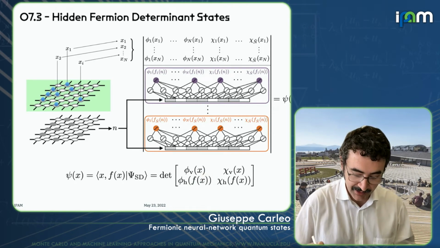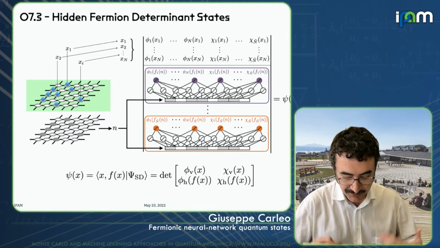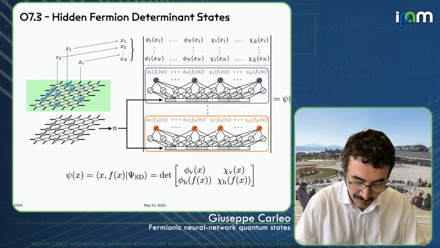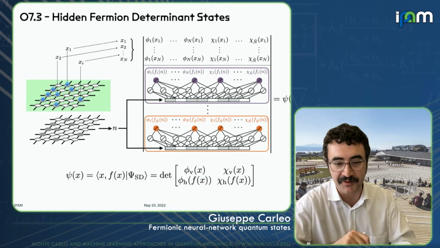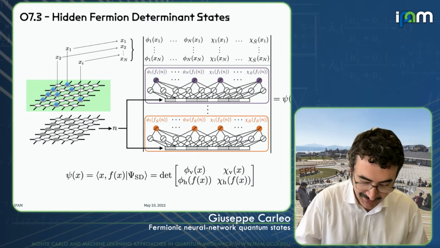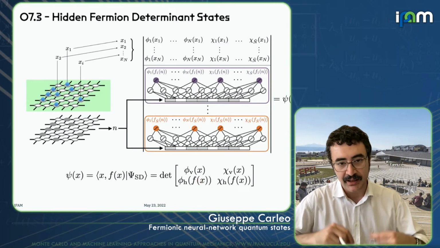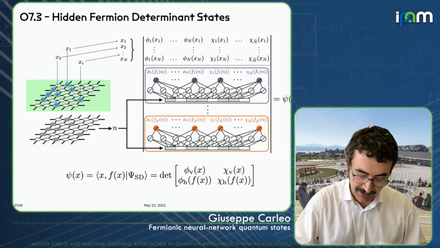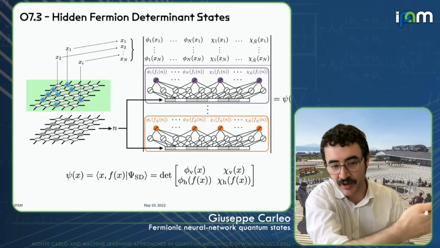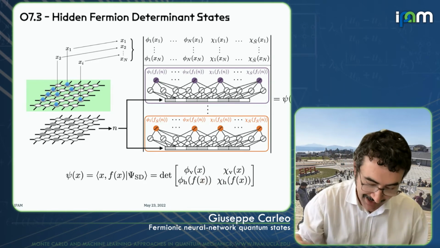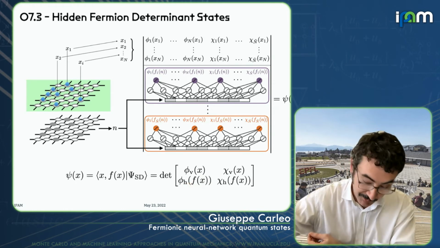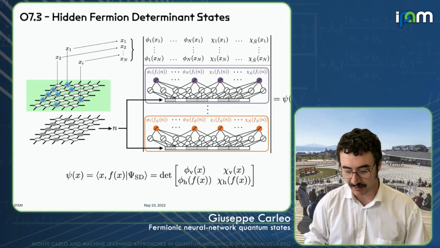And the main thing that we do here, our main contribution in this context, is to represent this function f with a neural network. So we represent f in terms of a neural network that takes my particle positions and returns some other positions. This is one way of doing it, or on the lattice it's much easier to represent these orbitals in terms of the occupation, in terms of the positions of my visible orbitals.